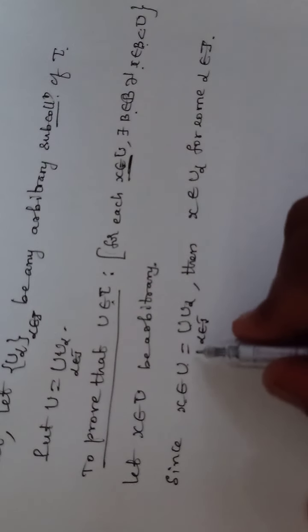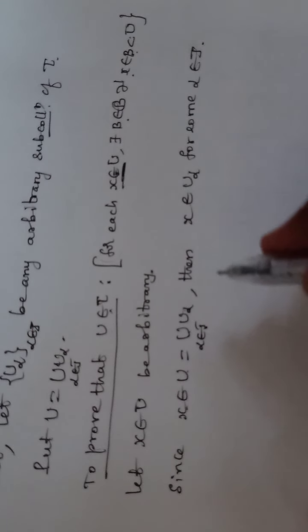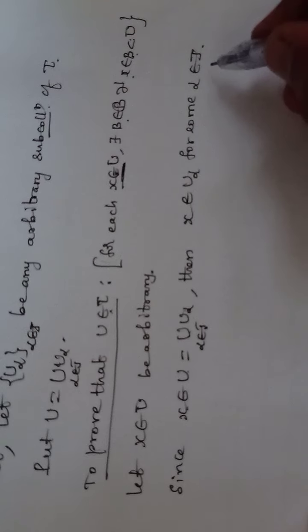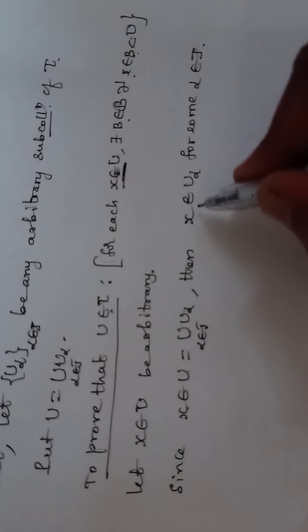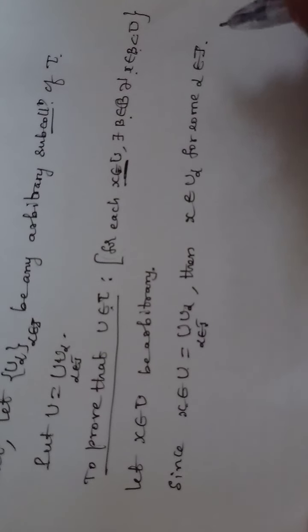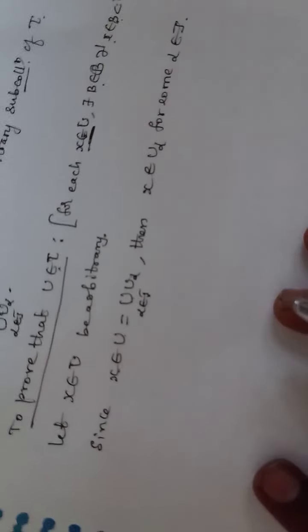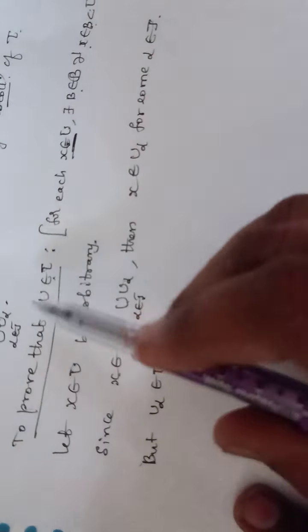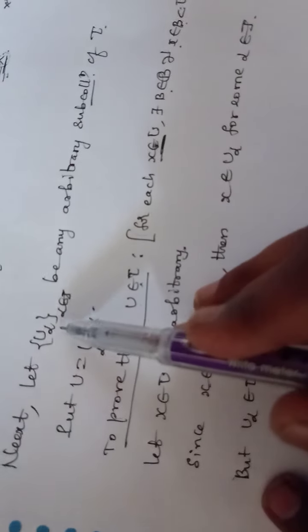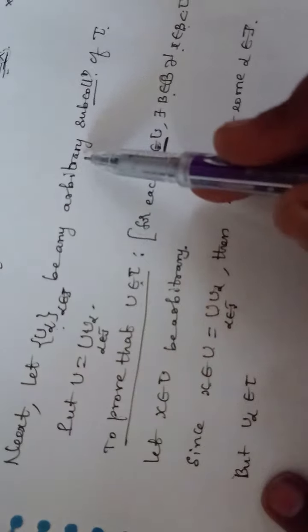If x belongs to the intersection of U_alpha, then x must belong to U_alpha for each alpha. Here x belongs to the union, therefore x belongs to U_alpha for some alpha. But U_alpha is in tau, since I am taking an arbitrary subcollection of tau, which means each U_alpha is in tau.